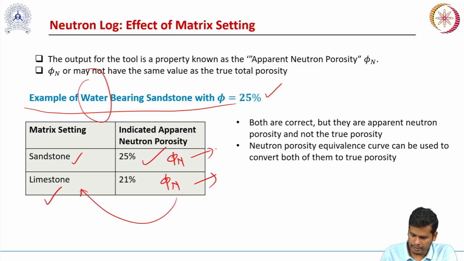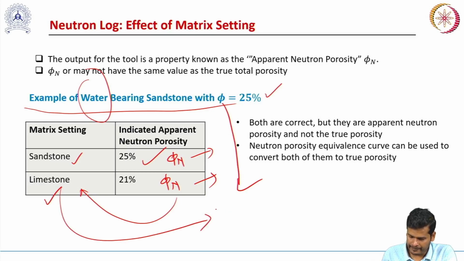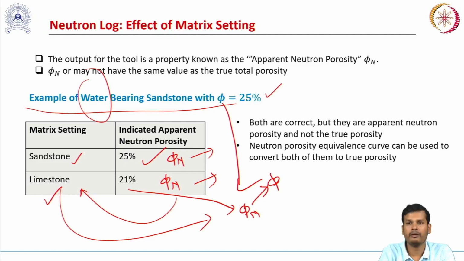So if you want to calculate the true porosity of the formation, this limestone matrix setting must be converted to our sandstone matrix setting. That means this phi n value must be converted to true porosity values. For that, we can use different types of equivalence curves. Logging companies develop different neutron porosity equivalence curves, or different relationships between porosity values for different matrix settings, which could be used.